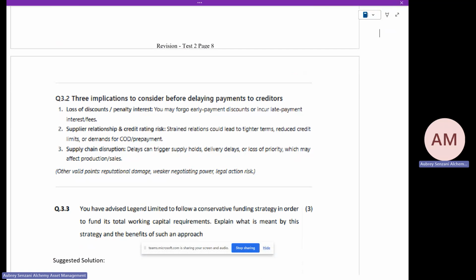If you're taking forever to pay, delaying past what you have agreed, you may be straining the relationship, which is obviously not good for business in the long term. Then supply chain disruption. Delays can trigger supplier holds, delivery delays, or loss of priority, which may affect production or sales.